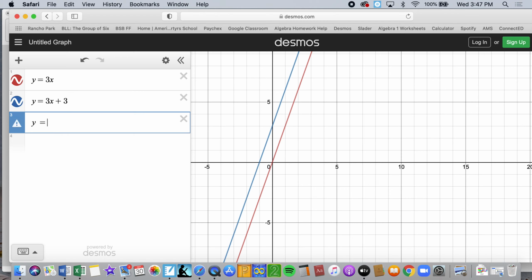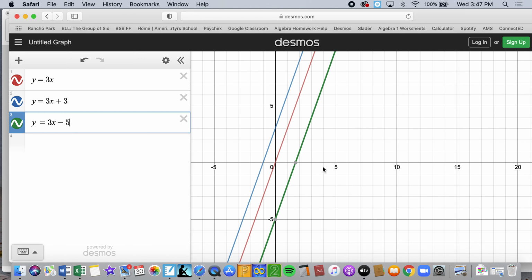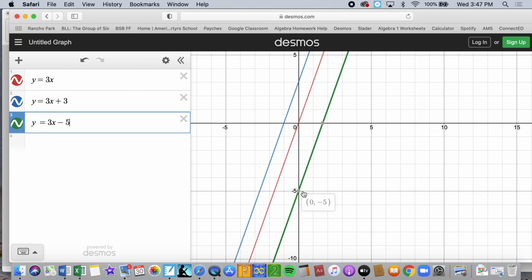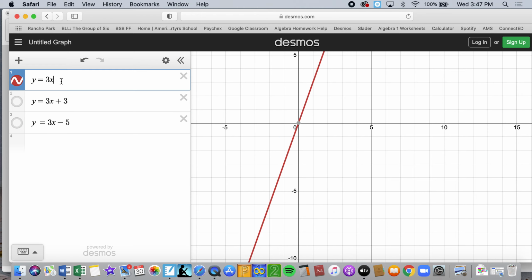If I have y equals 3x minus 5, we notice that those lines are parallel. It still has the same rate of change, up 3, right 1, same slope. It just crosses the y-axis at a different place. So if we focus in a little bit, and let's turn those off, we'll see how this line will dance. 2, 3, 4, 5.